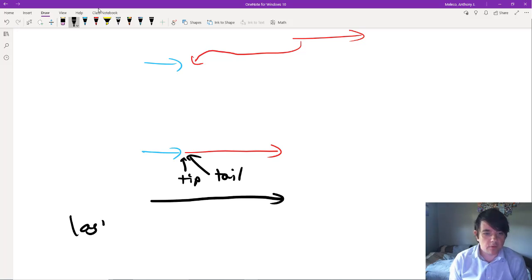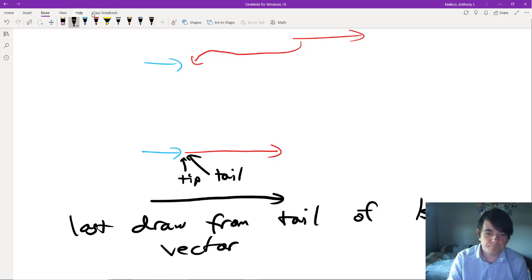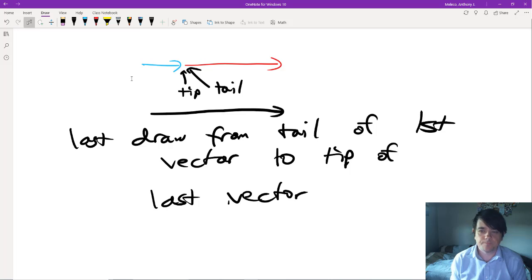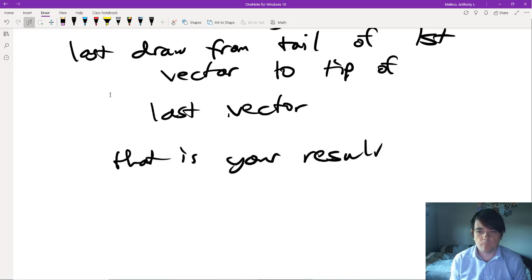So last step, draw from the tail of the first vector to the tip of the last vector, okay? And then that's your resultant. This is known as the tip to tail method.